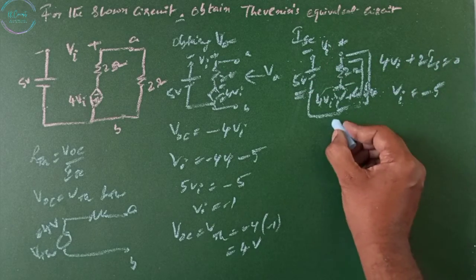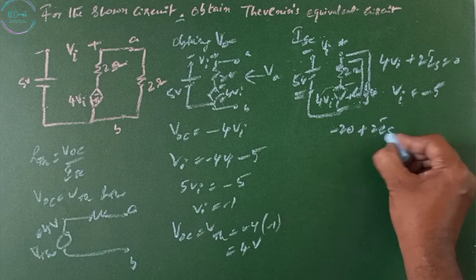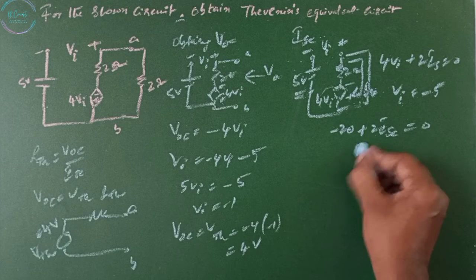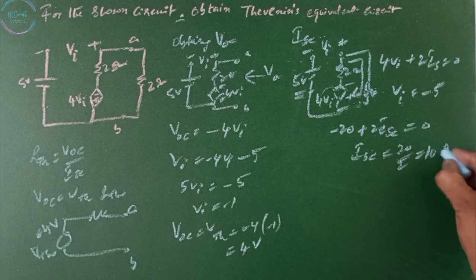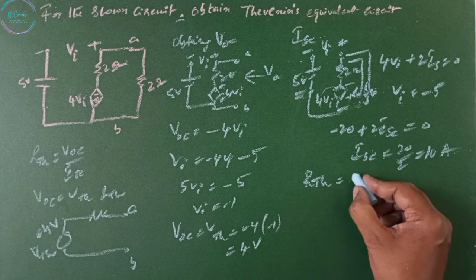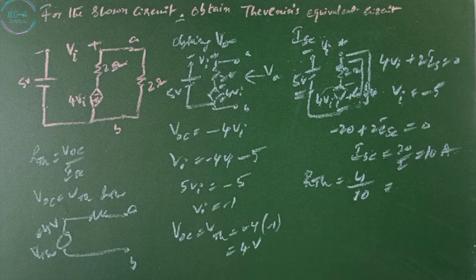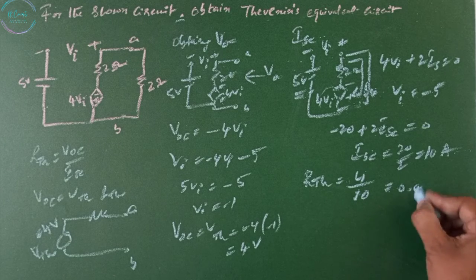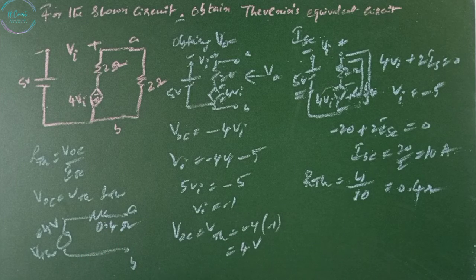Now substitute this, you are going to get minus 20 plus 2 ISC equals 0. Now ISC equals 20 by 2, that is equal to 10 amps. Then RTH is given by VOC, that is 4 volts, divided by ISC, 10 amps, that equals 0.4 ohms. RTH is 0.4 ohms. This is our Thevenin's equivalent circuit.